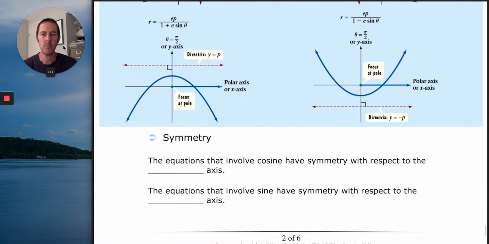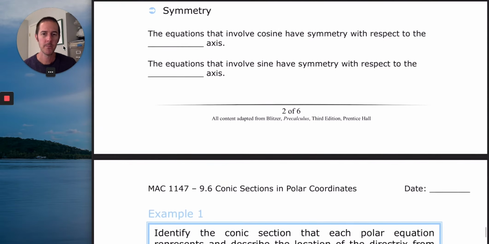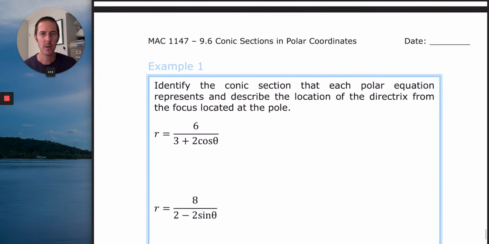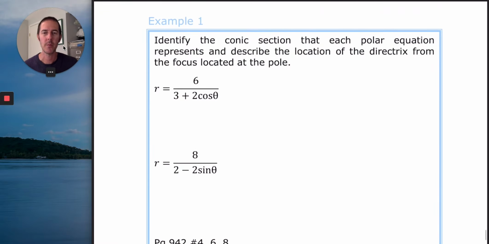The equations involving the sine function are going to have symmetry with respect to theta equals pi over 2, or the y-axis, or the vertical axis, however you want to refer to that axis on the polar plane. I usually call it theta equals pi over 2 when I'm on the polar plane.